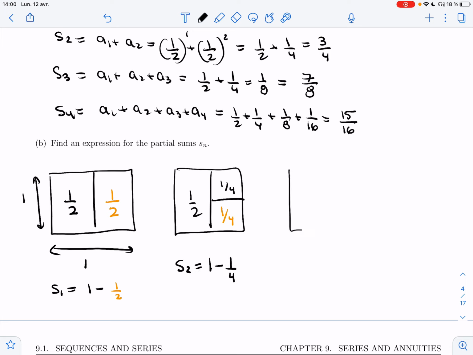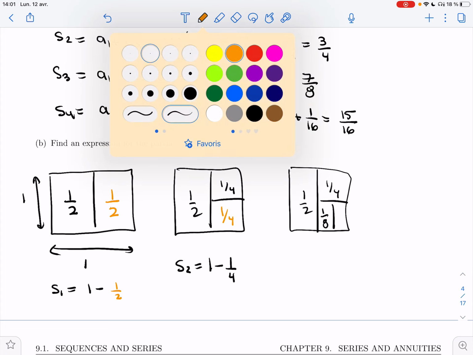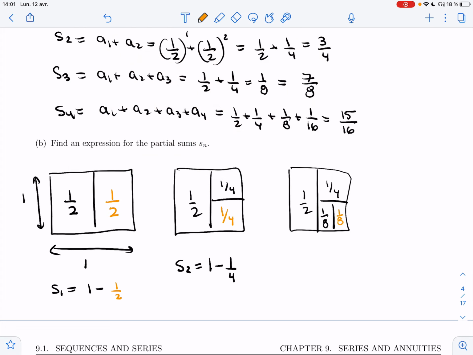So at every step, you take out an extra term that's half of what you had before. So here we add an extra 1/8, so we're still missing 1/8. And so in general, from this picture, we could see that Sn is 1 minus, and there's one term missing, which is 1 over 2 to the n.